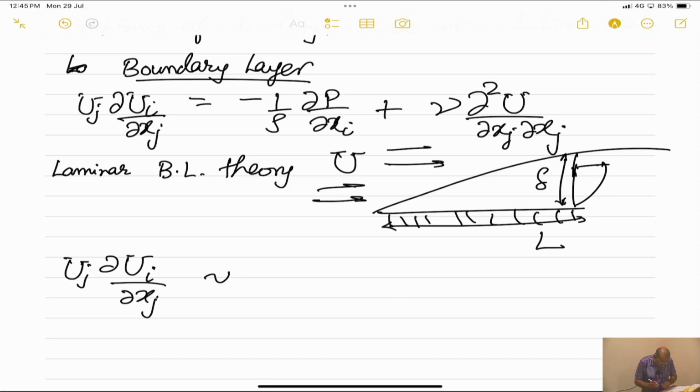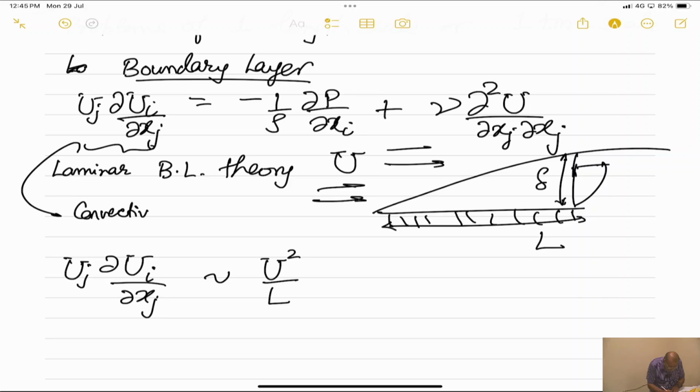And this u_j du_i by dx_j, we do an order of magnitude and we write it as U squared upon L. Because here what we have is this left hand side, this is the convective term. And in the convective term, the length scale is of the order of capital L. The flow is going with a velocity capital U on a plate of length capital L.